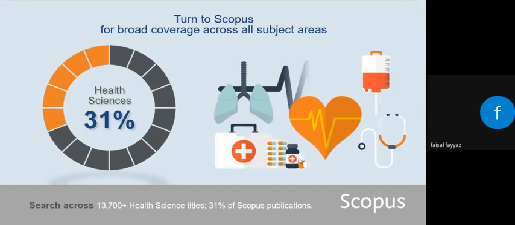So this is basically the statistical ratio of Scopus, on which Scopus tries to concentrate to streamline, you can say, humanity or the social lives of humans. So 31% health sciences. This one is the largest portion of Scopus, on which Scopus likes to research.